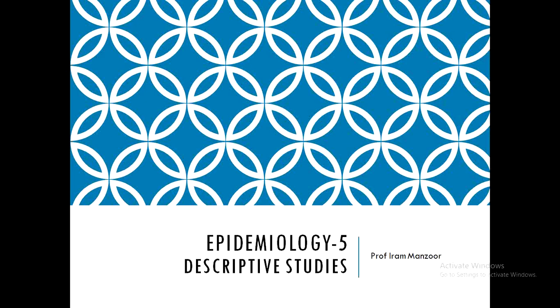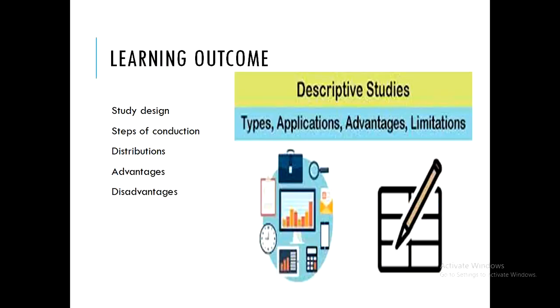Today I am going to deliver lecture number 5 of epidemiology, which is the continuation of my last lecture. In my last lecture, I started discussing descriptive studies, and in descriptive studies, you already know that we have discussed the cross-sectional surveys and longitudinal studies. Going through the learning outcomes, we have already discussed study designs which come under the heading of descriptive epidemiology. We have gone through the steps of conduction.